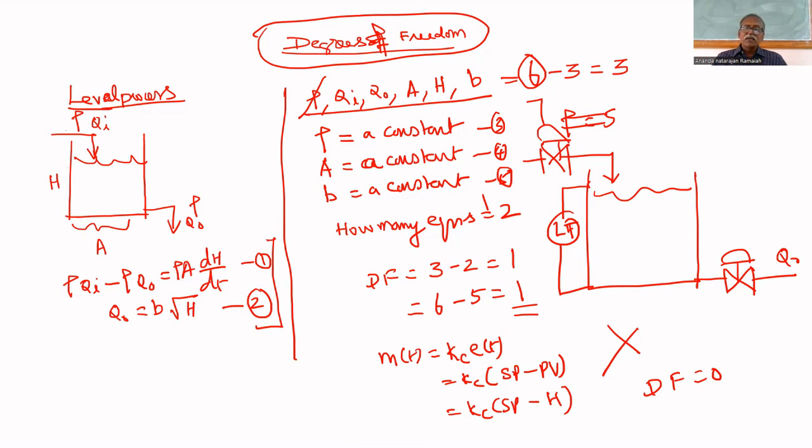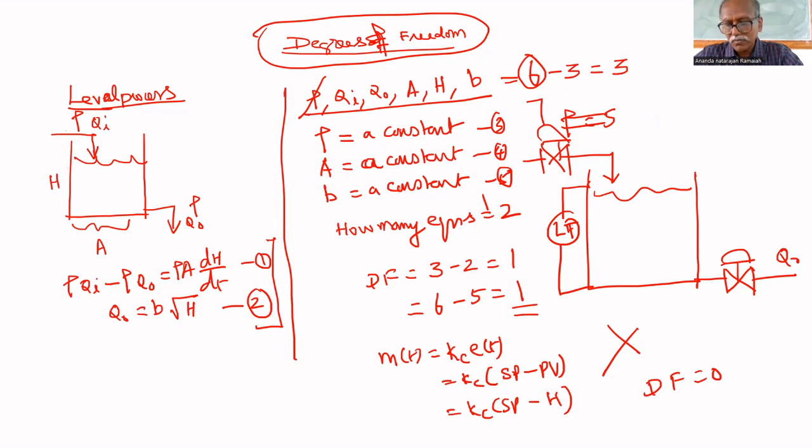So that's why degrees of freedom is important. Otherwise, you will try to control more than the degrees of freedom. Here for a level process, degrees of freedom equal to 1. That's why we can control only one variable in that level process.